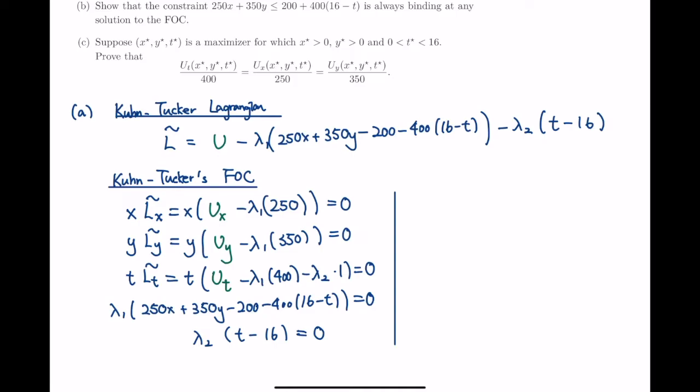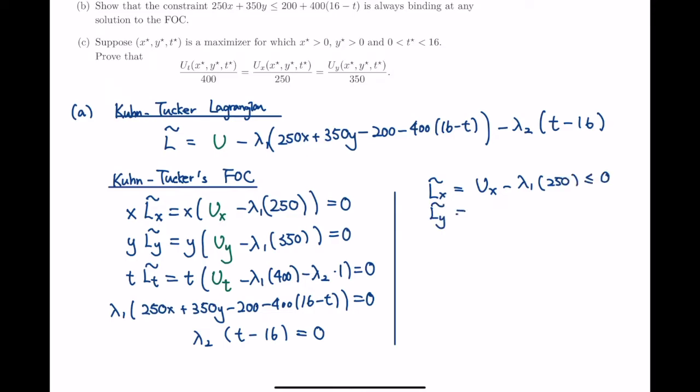How about the inequality conditions? Firstly, you have all the partial derivatives of L tilde with respect to x, y, and t less than or equal to 0. So, for example, L tilde x, which is ux minus lambda 1 times 250, is less than or equal to 0.